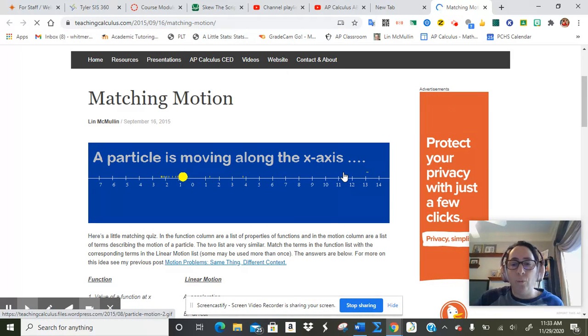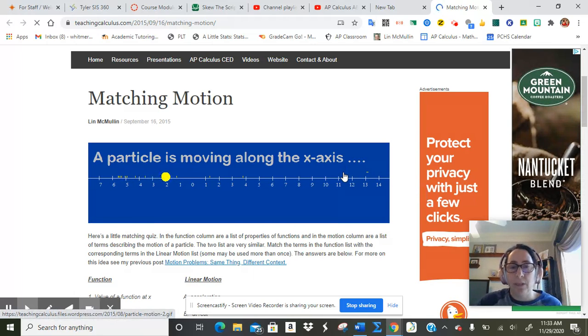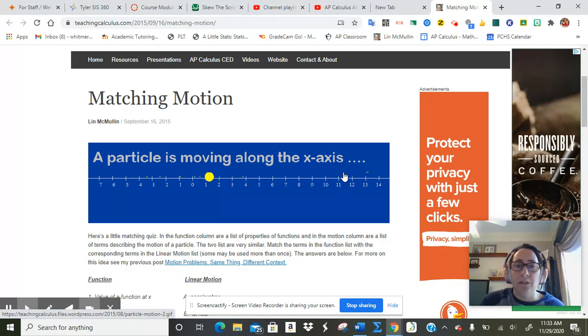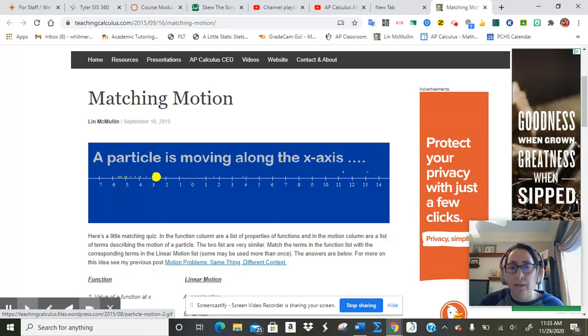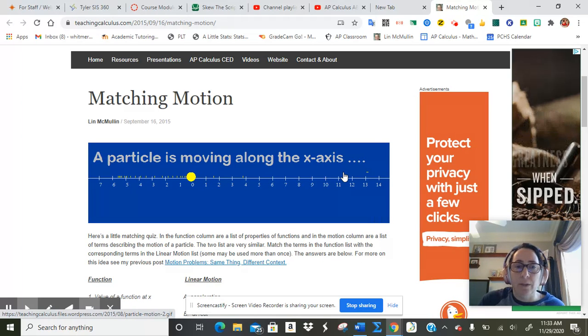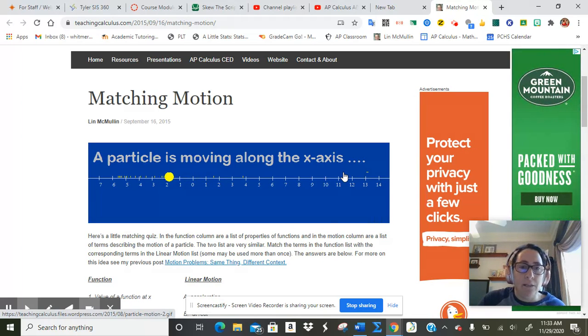Okay, so when we are talking about this motion, a lot of times we're going to use a particle moving along the x-axis. So here's a particle, and you can see how it is moving along the x-axis. It may be slow, it may speed up in the positive direction, it may speed up in the negative direction.